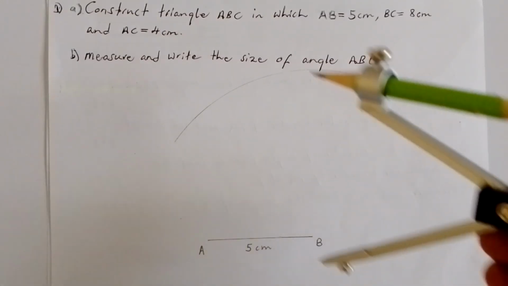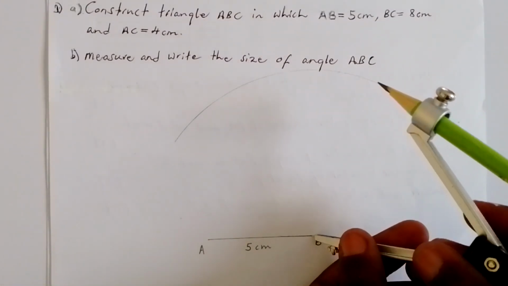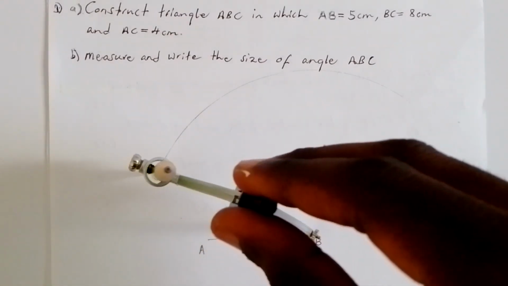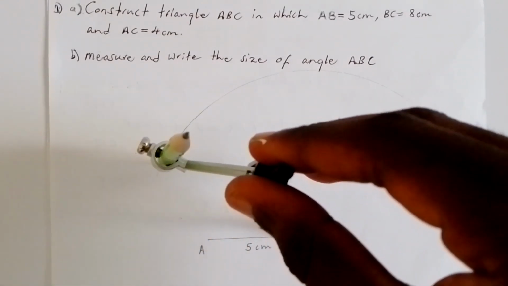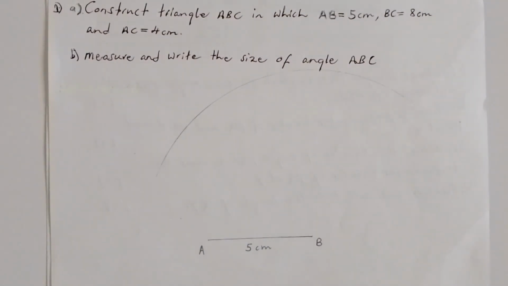First of all, let me just increase my radius a little bit. Your arc must be long enough so that by the time you are constructing the other one, it does not conflict in any way, because the arcs must intersect at some point.